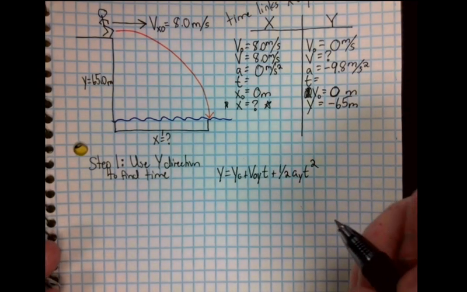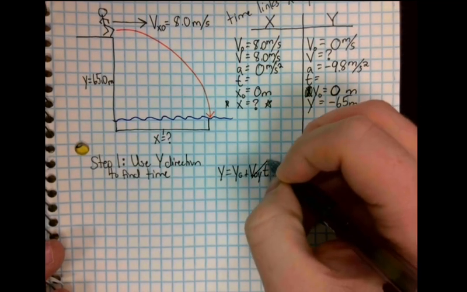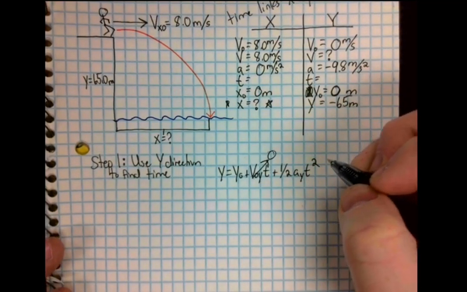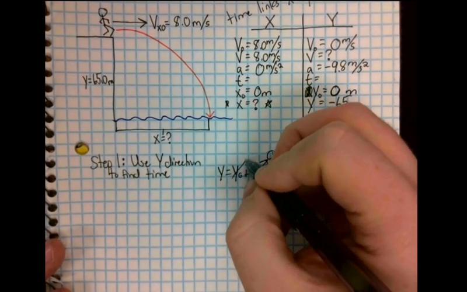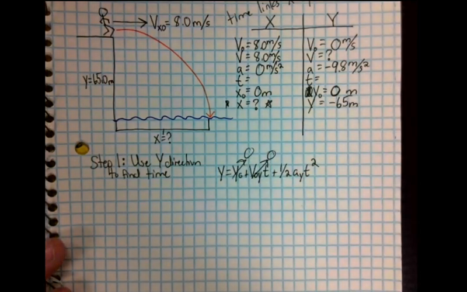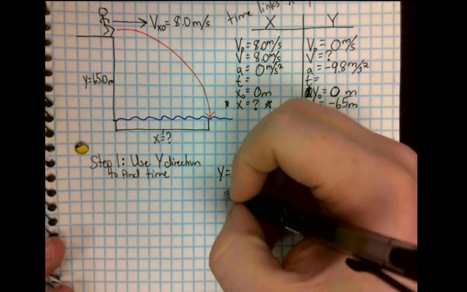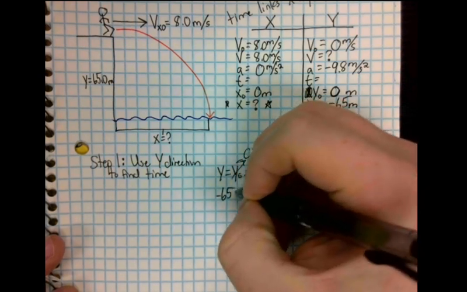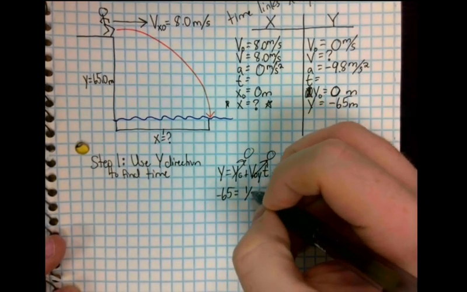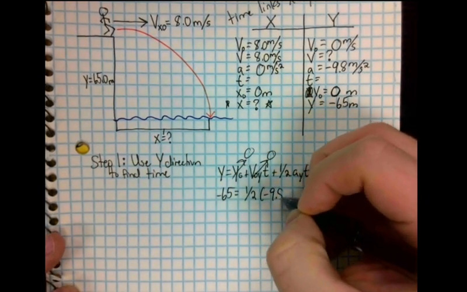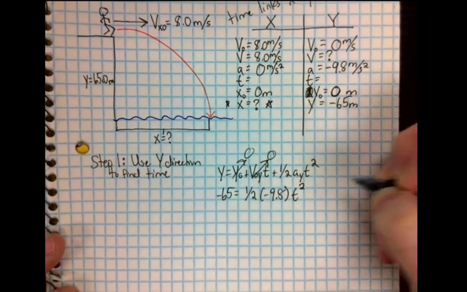So let's go ahead and plug in anything that we can cancel out. Our v naught is 0, so we can get rid of that. Our y naught is also 0. So it looks like our final pieces that are left are negative 65 equals 1/2 times negative 9.8 t squared.